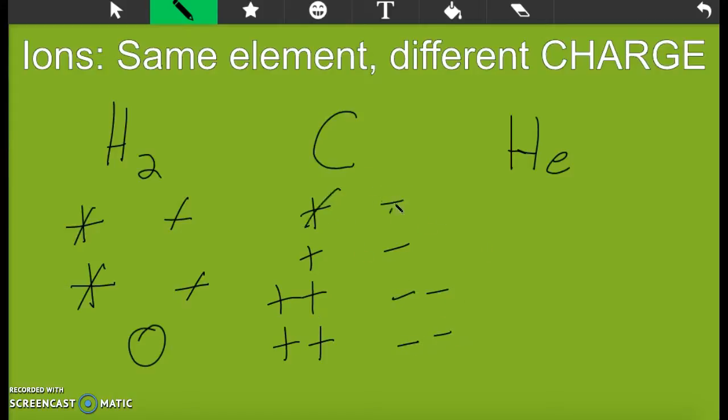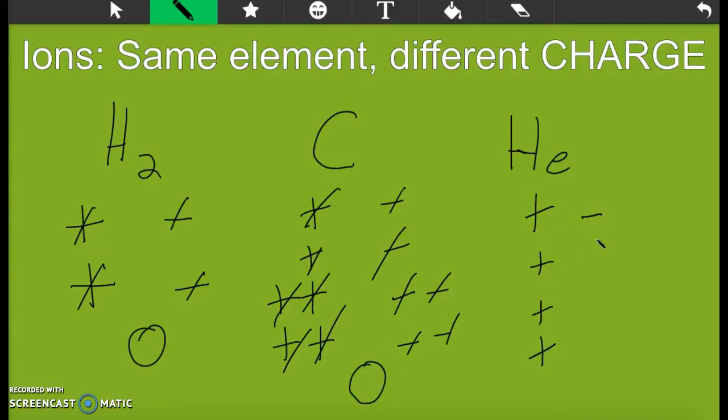Again, they all cancel. Overall, the charge is 0, or neutral. Helium, same thing, but now we have 4 and 4. Cancel out, cancel out, cancel out, cancel out.